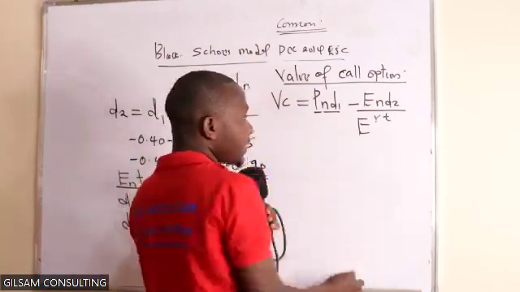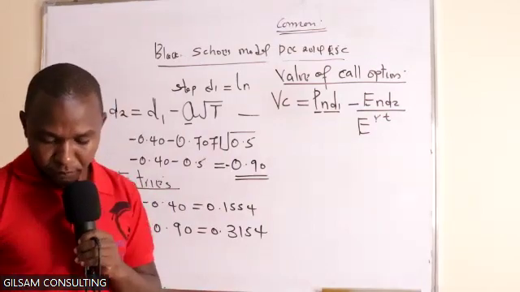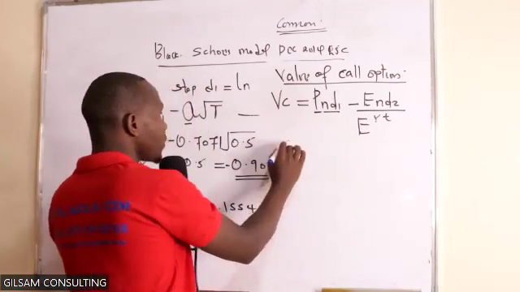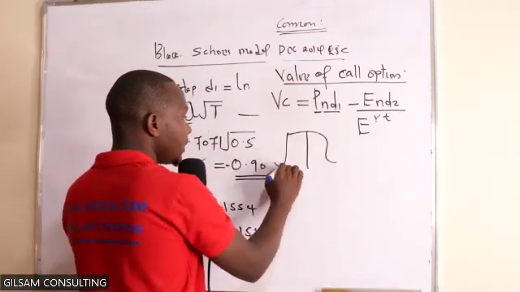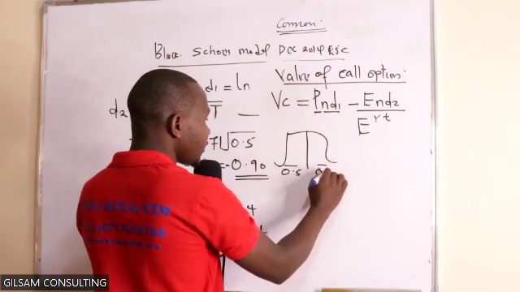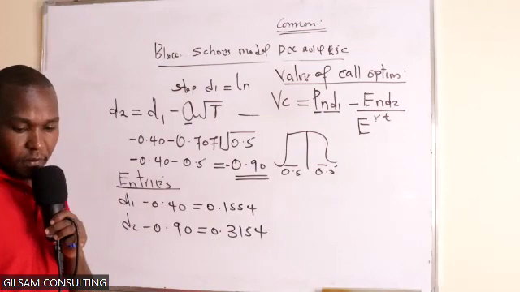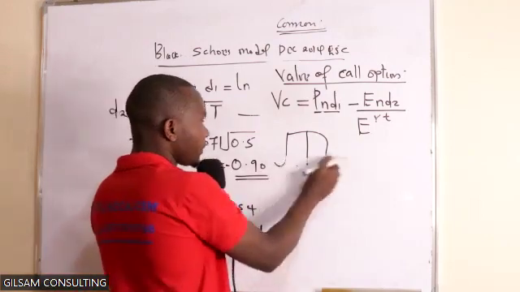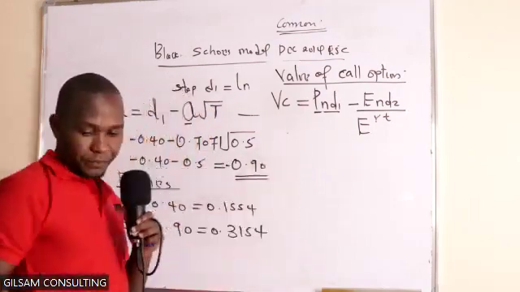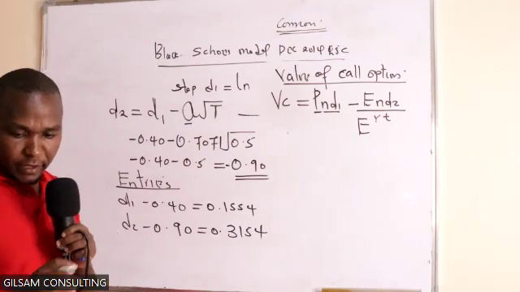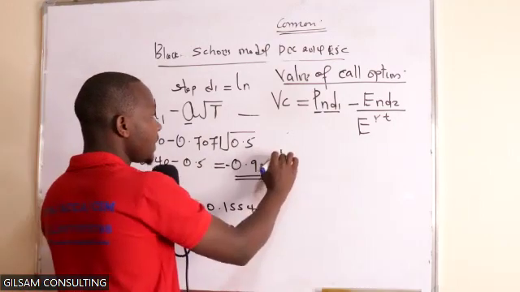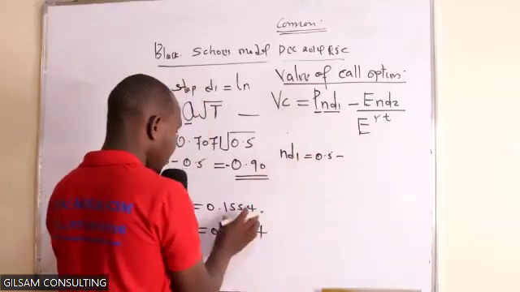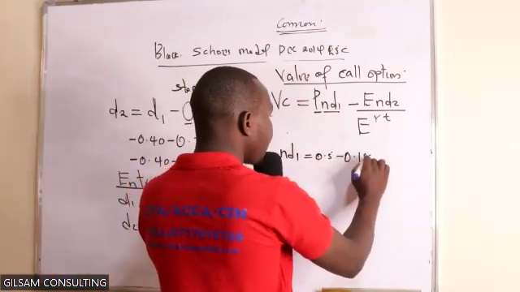Remember we are using a normal set table, right? And the normal set table is cut in half, which we had said that if this side has 0.5, the other side has 0.5. So we must subtract to know what we remain with. So at D1, we have to take 0.5 minus this one we had got here, 0.1554.